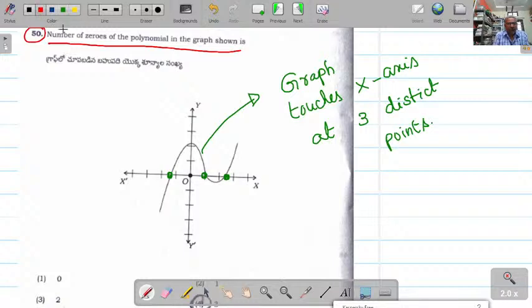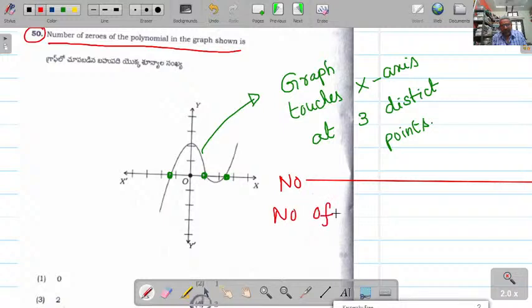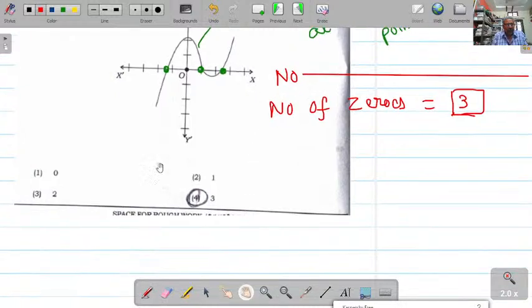Therefore the number of zeros is equal to the number of points of intersection of the curve and the x-axis, that's 3. So the answer is 3. Obviously, the fourth option.